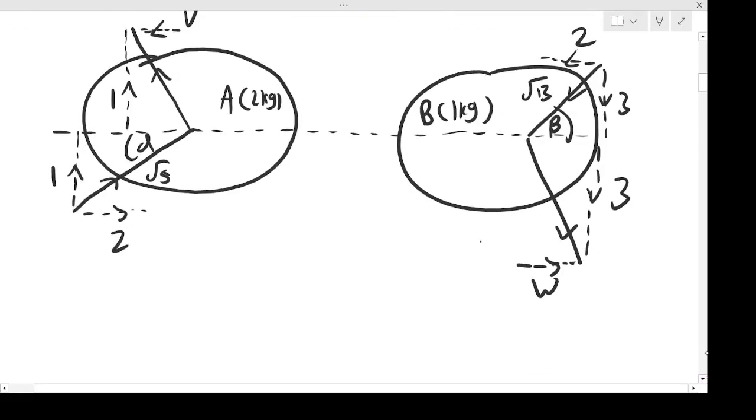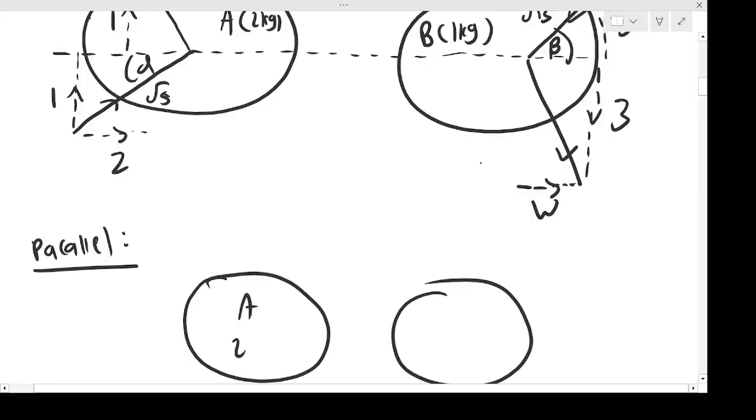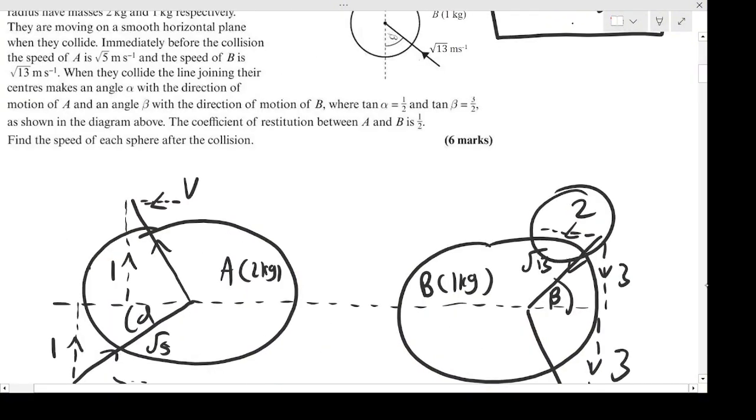I can now just look at my parallel parts and convert it into 1D. So I've got my two spheres, right, A and B. A has mass 2, B has mass 1. Now for A, originally it's moving to the right like that with speed 2. That's the parallel part before. For B, it's originally moving to the left here by 2.